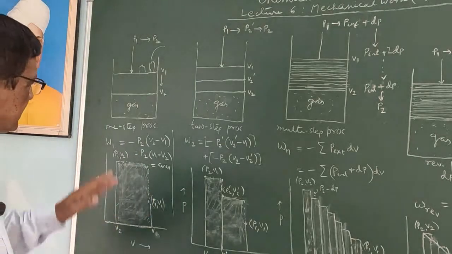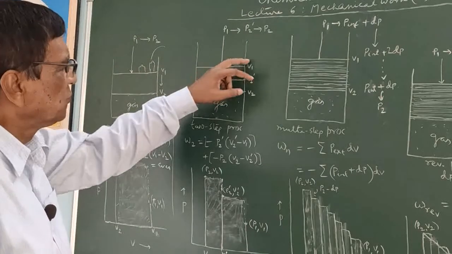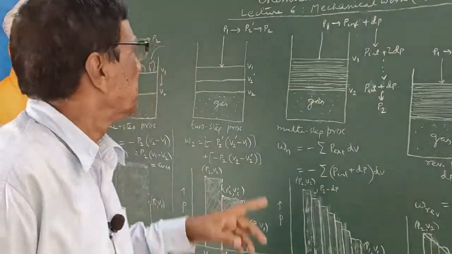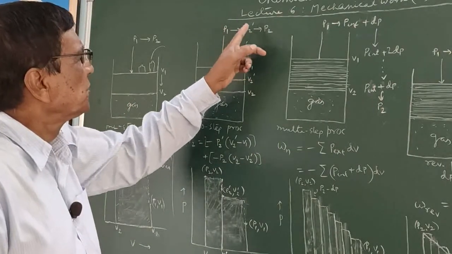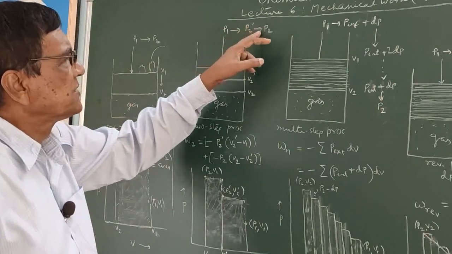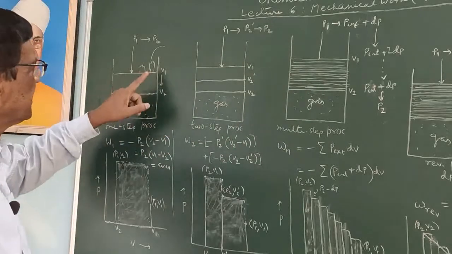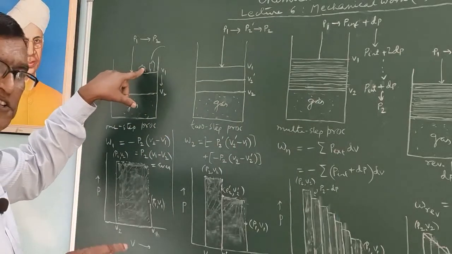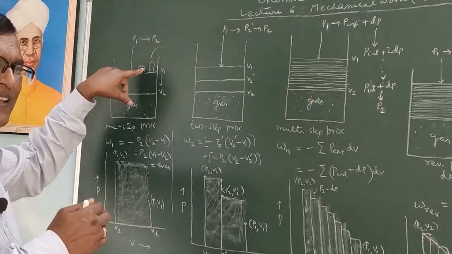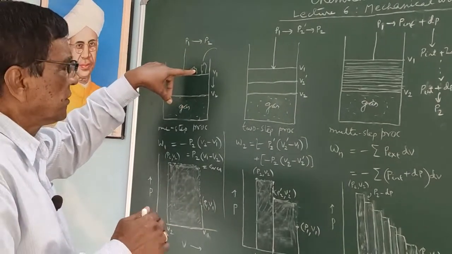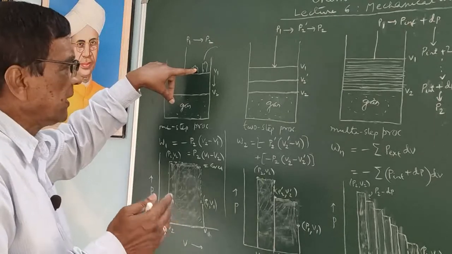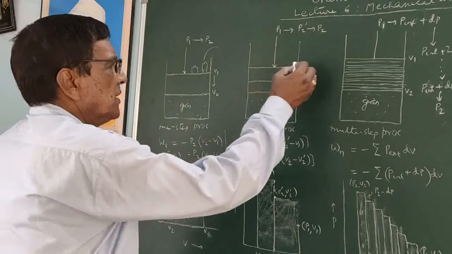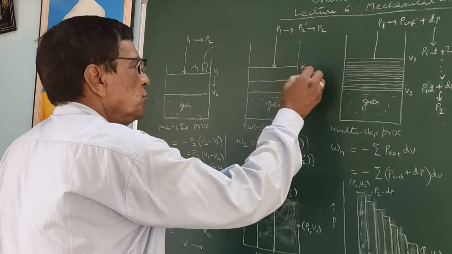Now suppose the same volume change from V1 to V2 is done in two steps: the pressure goes from P1 to P2 dash, and then from P2 dash to P2. Suppose the 5 kg weight is already given initially, and then you add 3 kg in one step, and the volume changes from V1 to V2 dash.